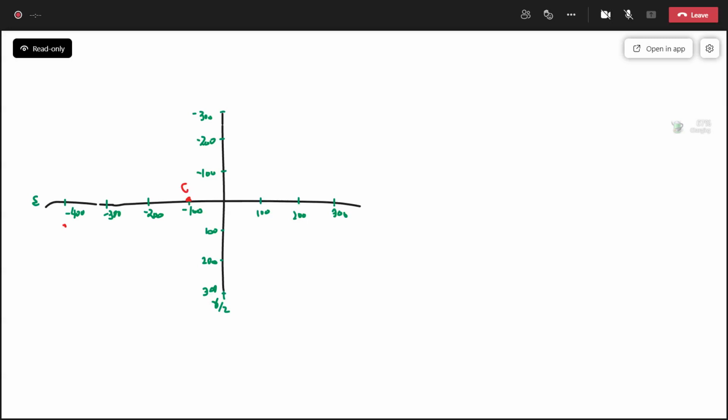This is your reference point A. The radius is 309, so minus 100 minus 309 will be somewhere here, the second point, and minus 100 plus 309 is 209.